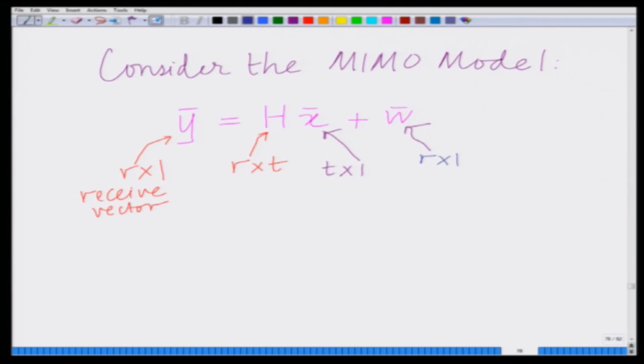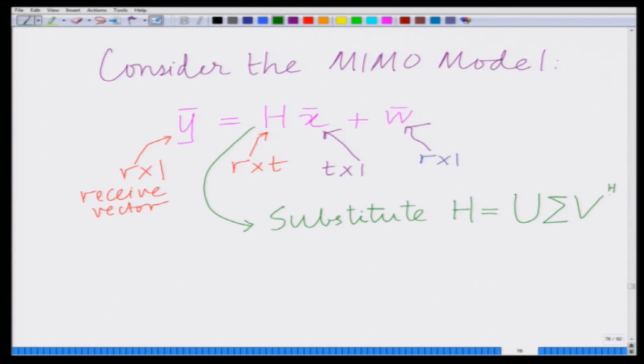Now, we employ the SVD. In this MIMO system model, we are going to replace H by its singular value decomposition, that is H equals U sigma V Hermitian.